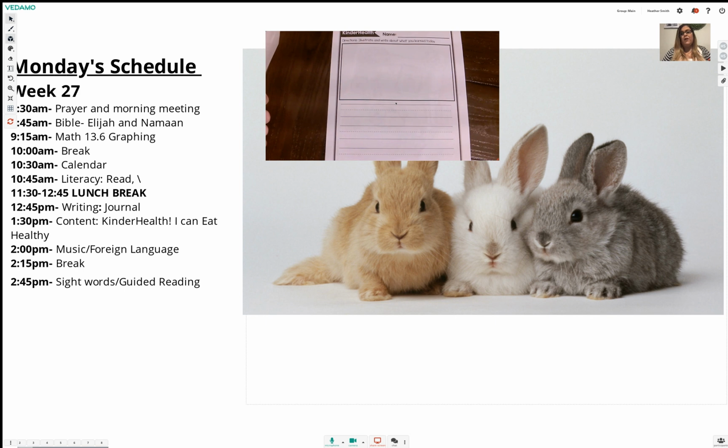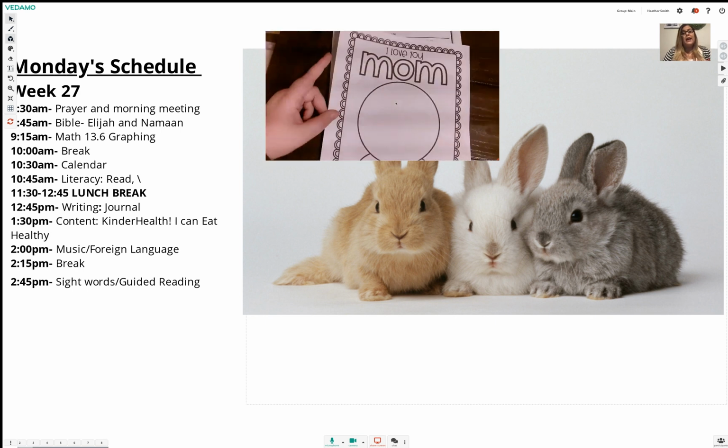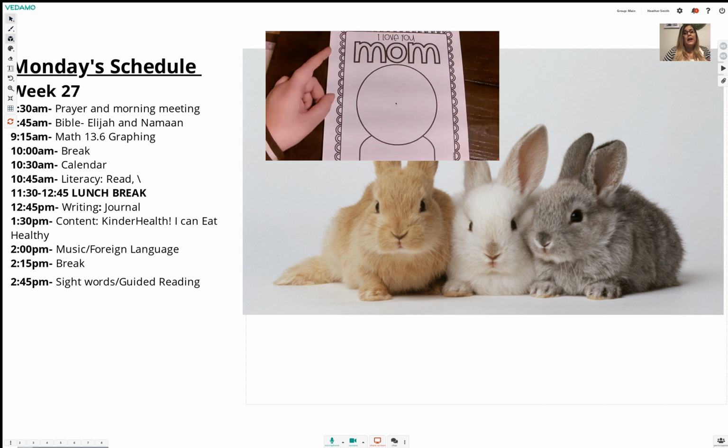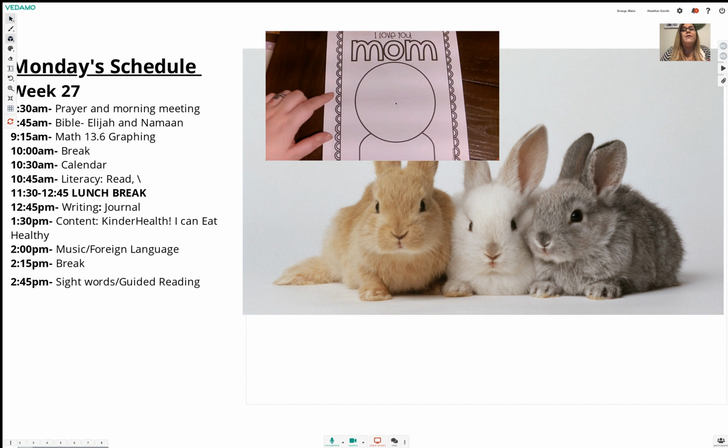But at this point in the afternoon, we are going to color this page, and then I am going to record your child. So I need your child alone without a parent. Or fathers, if you are watching, if you could please, by the end of the day on Tuesday, send me a video of your child saying why they love their mom.